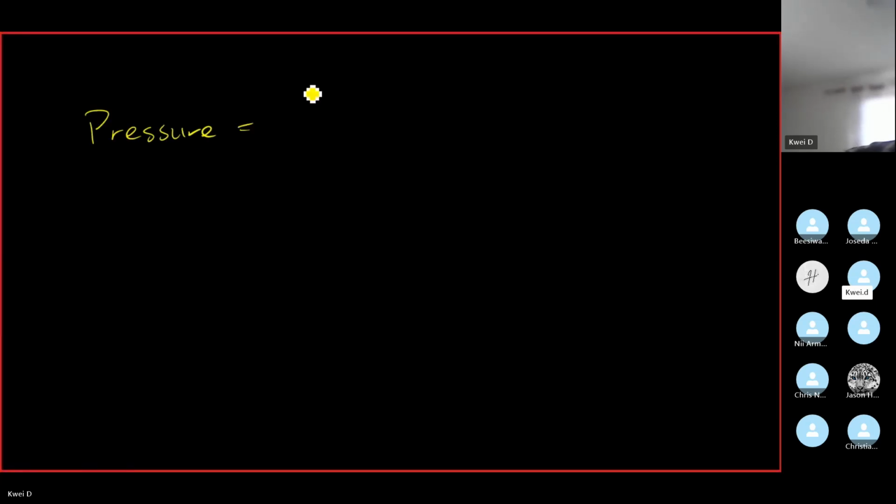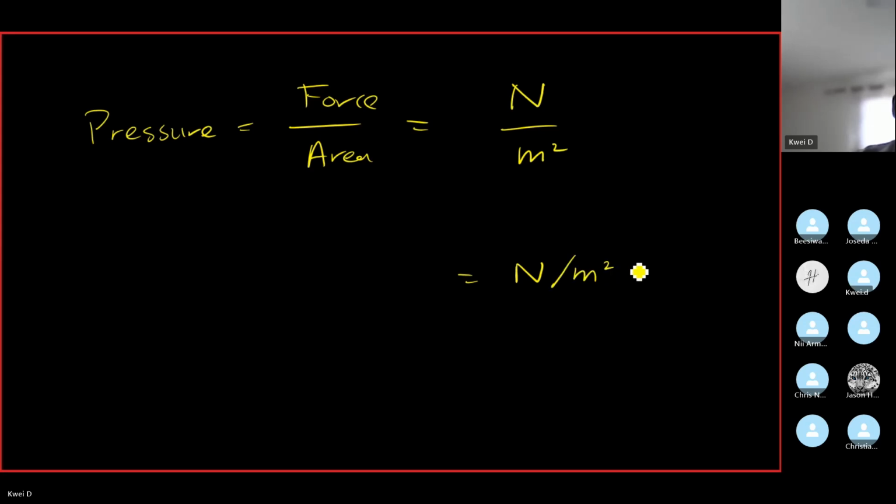So mathematically, pressure is given as force divided by area. Force is measured in Newton, and area is measured in meter squared. So together you get the Newton per meter squared, and the Newton per meter squared is what we refer to as Pascal. We just use Pa to represent it.